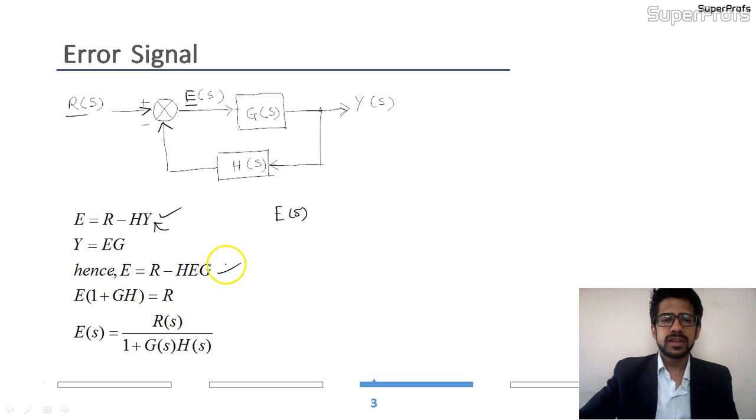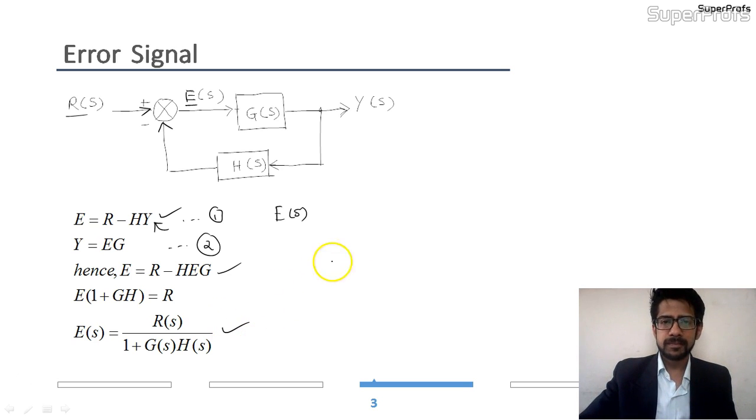So this is the equation which is formed by equation 1 and equation 2. Rearranging this equation and taking E common on the left side, we get E into 1 plus G H is equal to R. Solving it completely, we will get this particular value. E of s is equal to R of s upon 1 plus G of s H of s.